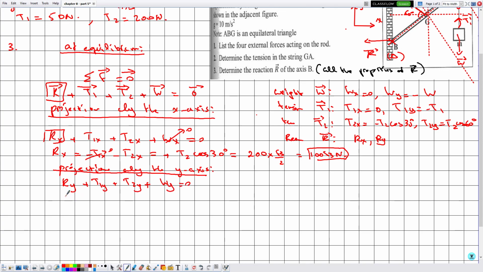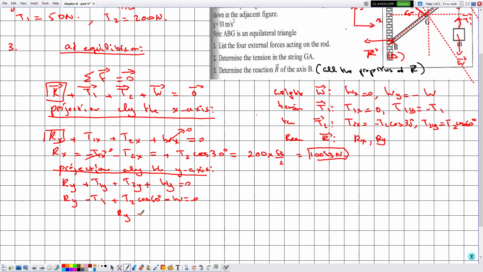So Ry, T1y is minus T1, T2y is plus T2 cosine 60, and minus W, which is equal to 0.